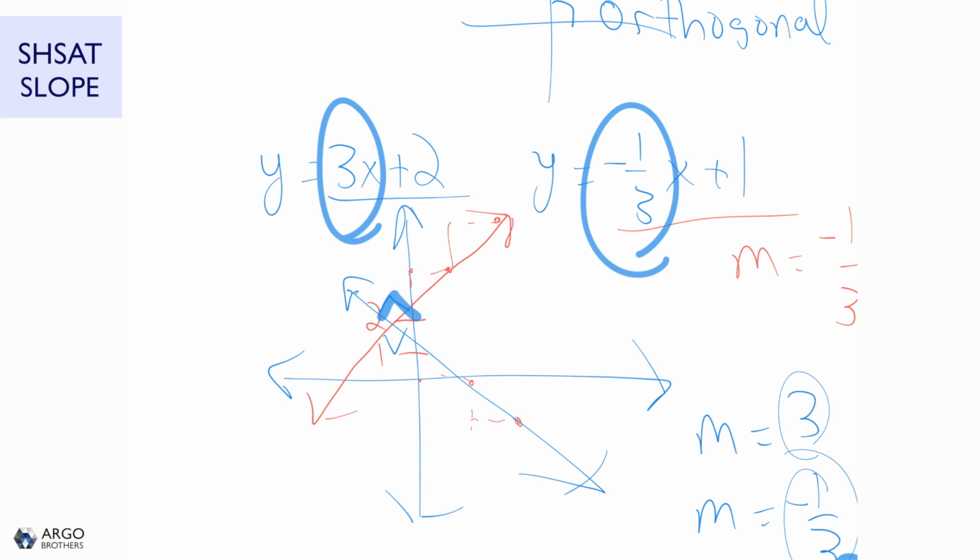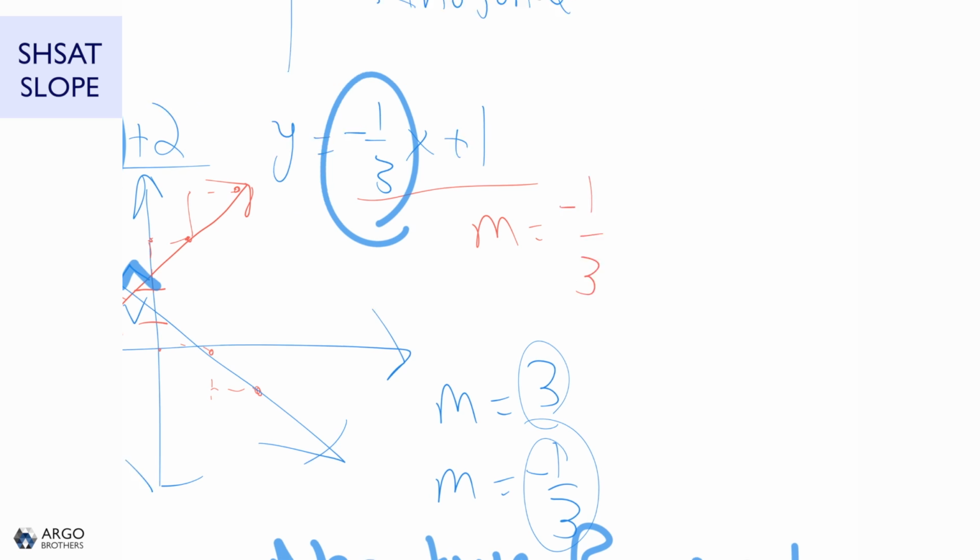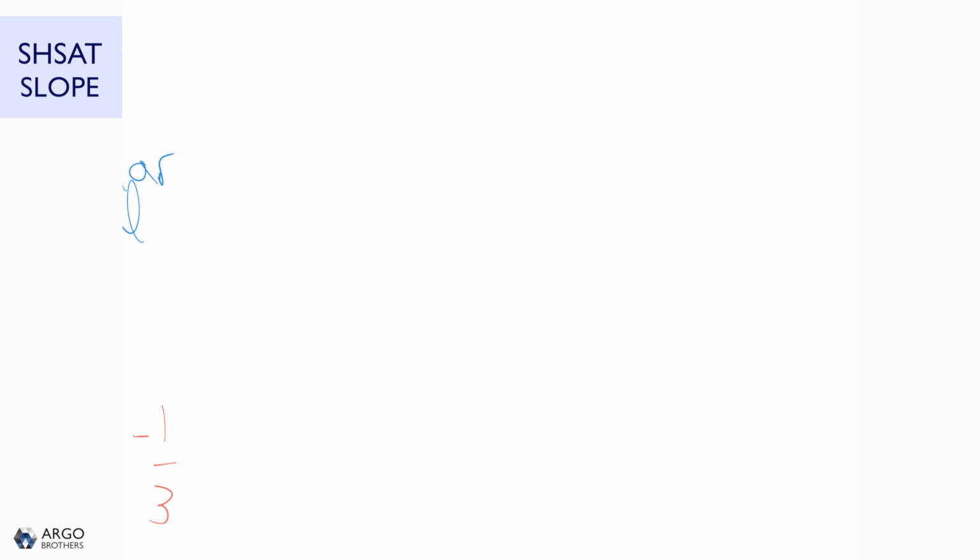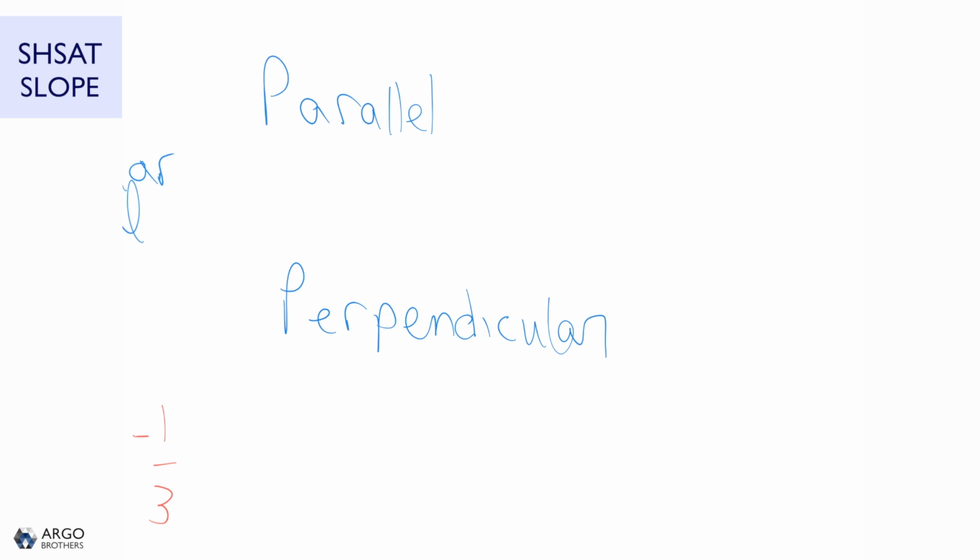Great, so now let's summarize. We went over properties of lines. We went over that lines can be parallel and they can be perpendicular. So these are the two main ways that we're going to analyze lines. Parallel means they have the same slope, and you know how to find slope.